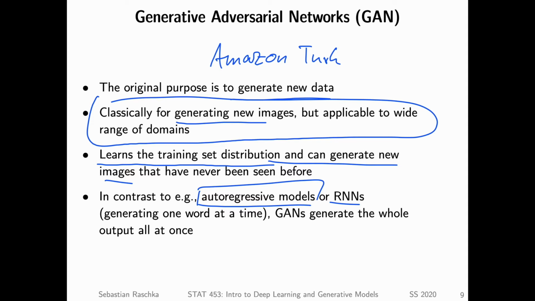And I would say GANs for text are really not that good yet. I mean, we don't have really good methods for generating text with GANs, but it's also not necessary to apply GANs to text analysis because we have RNNs and we also have the transformer models that I talked about last lecture. So really, the GANs, I would say, are most useful for image data.